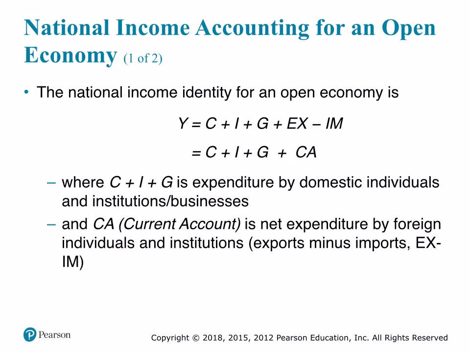Another term we use to describe the current account is the trade balance. We either have a positive trade balance or a negative trade balance. The reason why we have a negative trade balance is because our imports are larger than our exports. In other words, we consume more than we produce, or we consume more than we save as an economy.